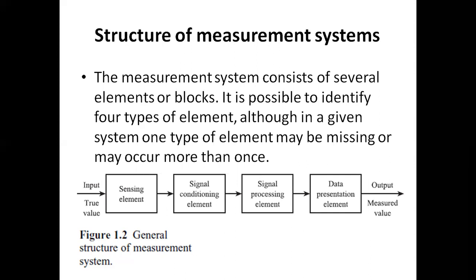Then the signal from the signal conditioning element is taken to another block that we call the signal processing element. And what does this block do? It transforms the output from the signal conditioning element into a form which is more suitable for the data presentation element or for subsequent processing.